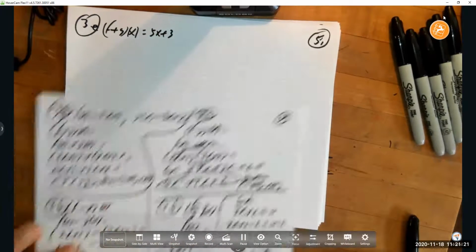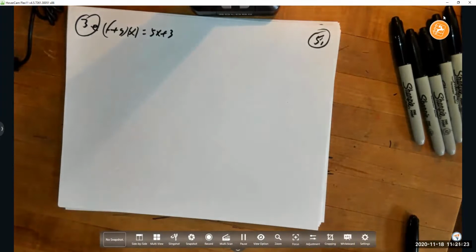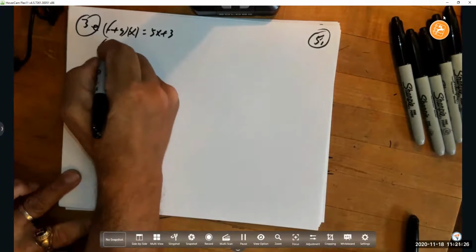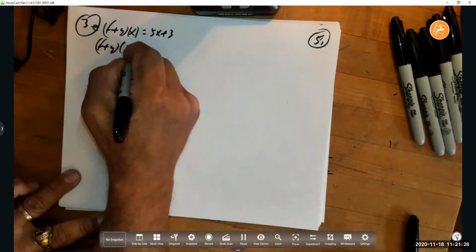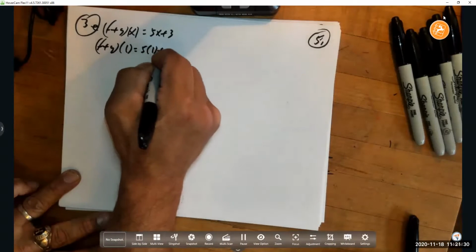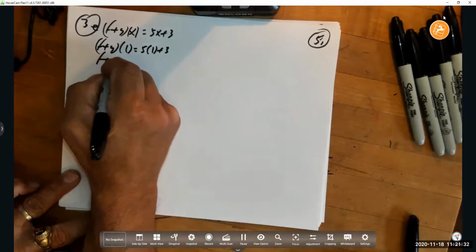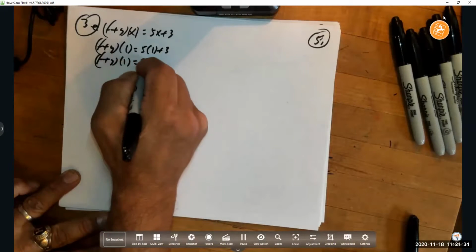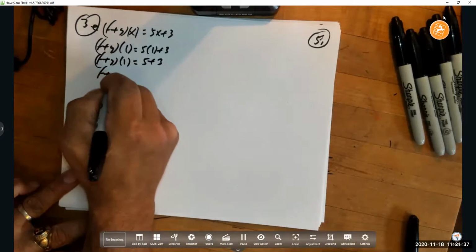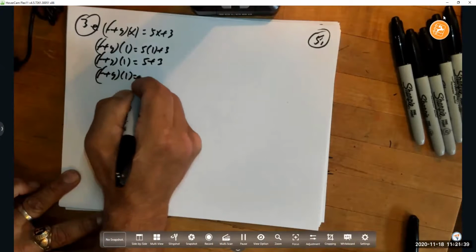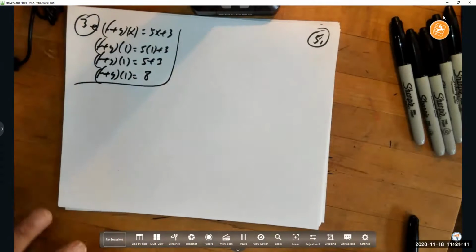There it is. Alright, so for that one, I'm going to say f plus g of 1. That's going to be 5 times 1 plus 3. f plus g of 1 is going to be 5 plus 3, which is 8. It's done.